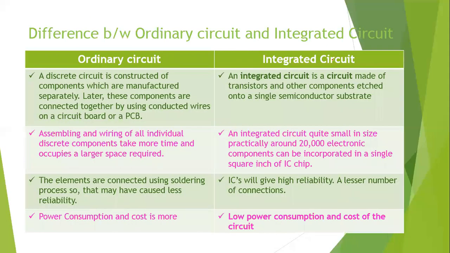So here we have shown 4 differences between an ordinary circuit and an integrated circuit. An ordinary circuit is also called a discrete circuit, which is constructed of components that are manufactured separately.